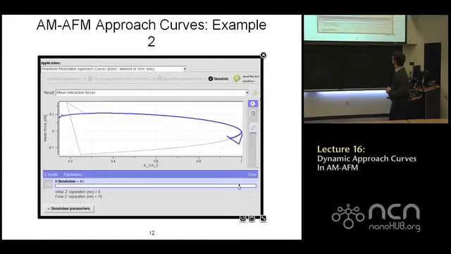In this plot of mean force versus amplitude ratio, you'll see that for this large bistable region in the middle, the approach and the retraction have either a positive mean force or a negative mean force. That means the regime of oscillation is either attractive or repulsive based on the sign of the mean force. Okay?